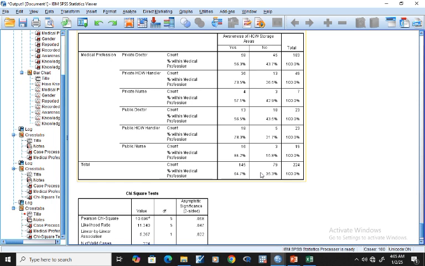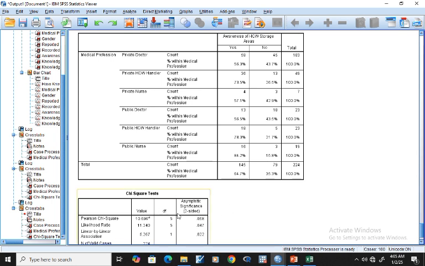So what I'm trying to show is that you can perform cross tabulation analysis depending on your variables of interest. And the moment you perform your cross tabulations, it's important to further establish your findings.